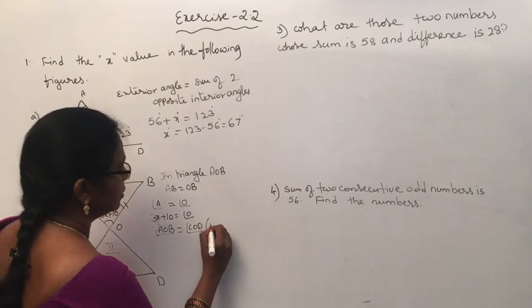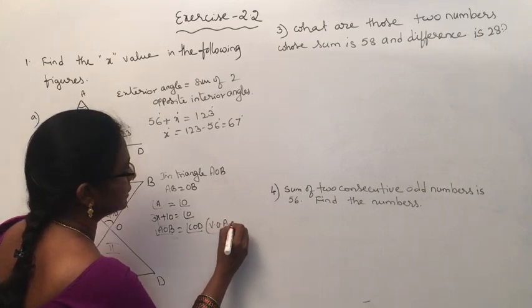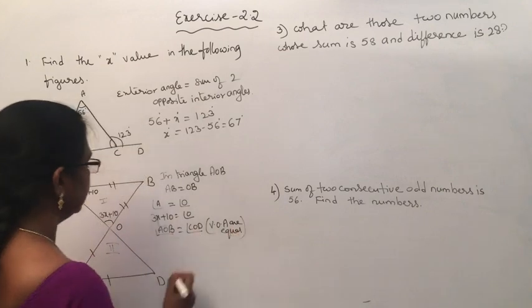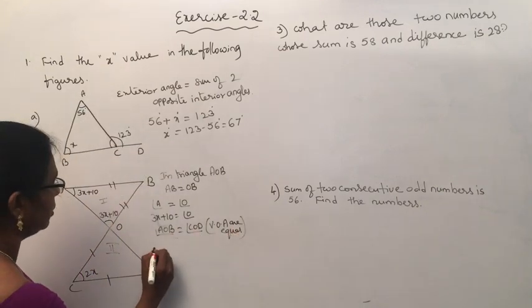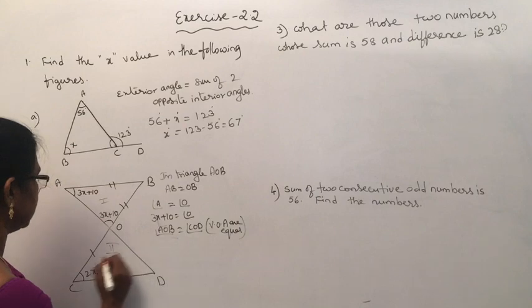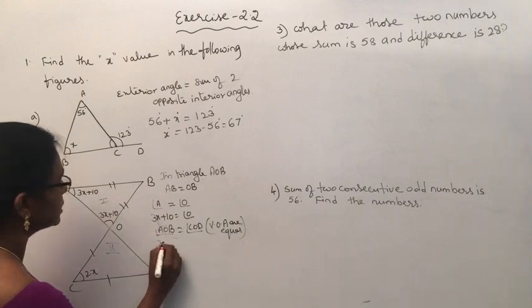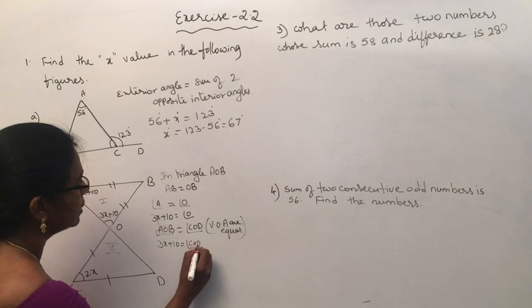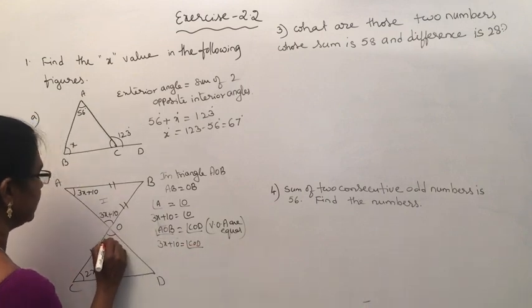What is that? Vertically opposite angles are equal. Then AOB is 3x plus 10, equal to angle COD. Then this is 3x plus 10.